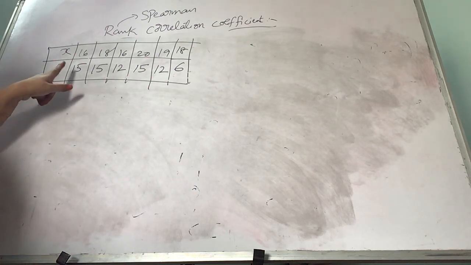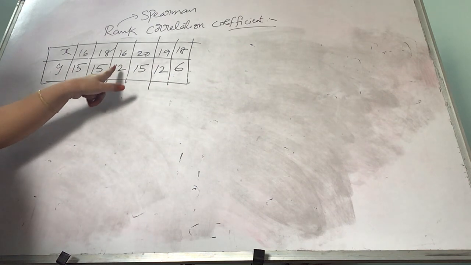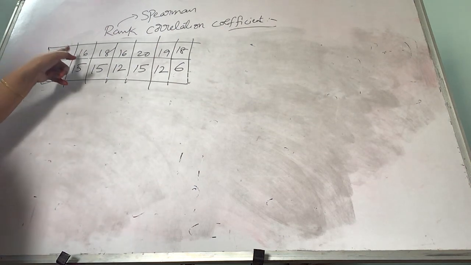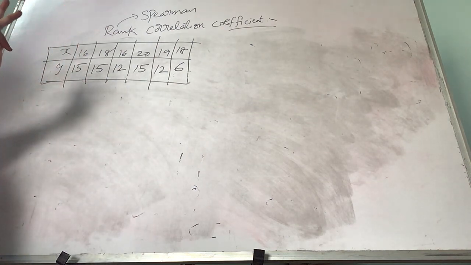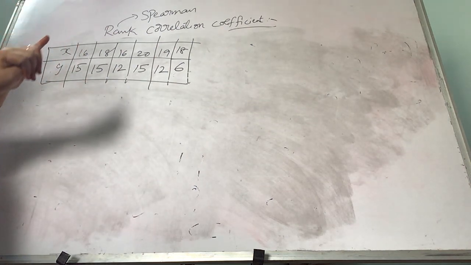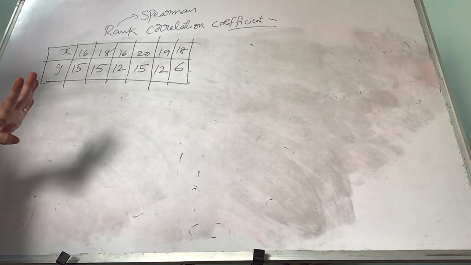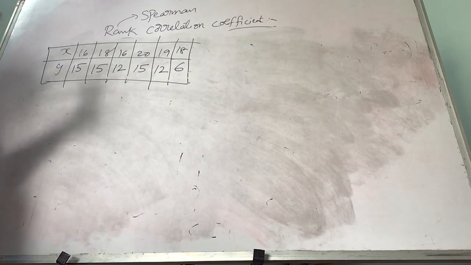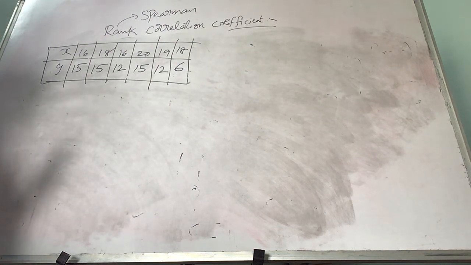Next, in Y observations 15 is repeated 2 times and 12 is repeated 2 times. There are 4 observations repeated: 16, 18, 15 and 12. So we have to add 4 factors to summation of di square in the formula.